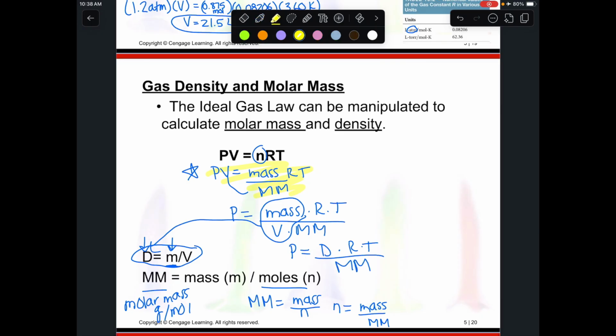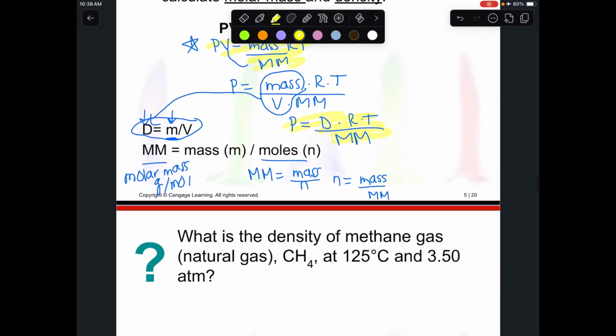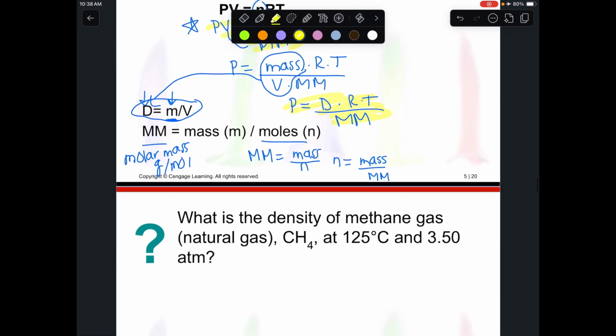And so this is another derivation of PV equals nRT that we can utilize to solve for gas law problems that want us to solve for density or molar mass or have one of those. Okay, so we're going to utilize those in some problems as we continue on in this PowerPoint.